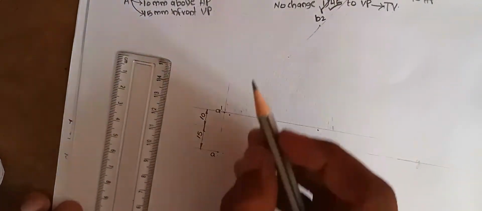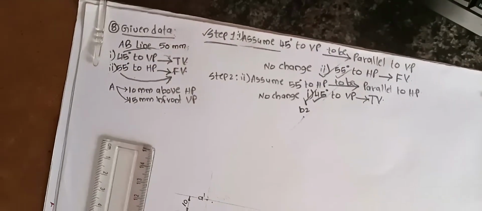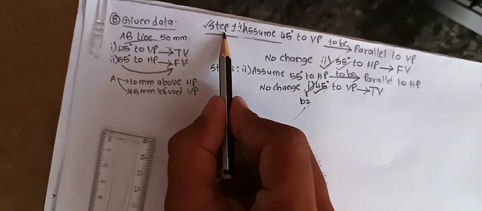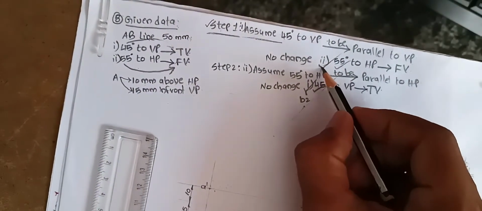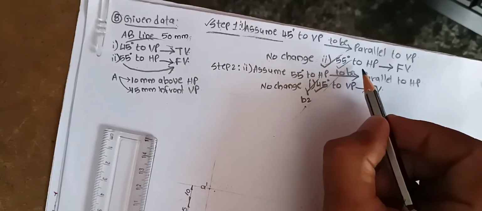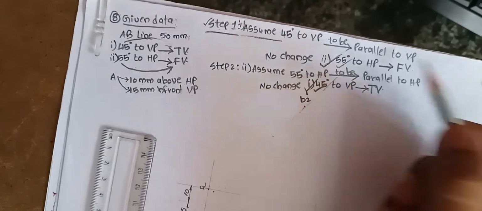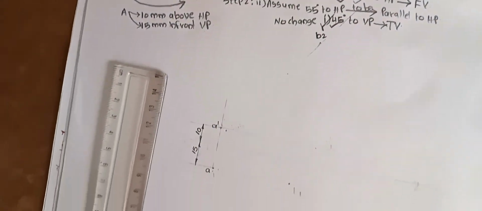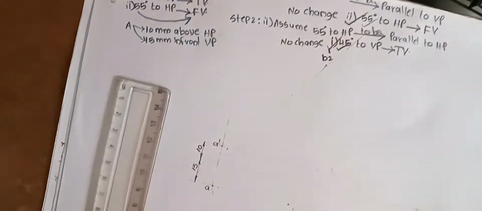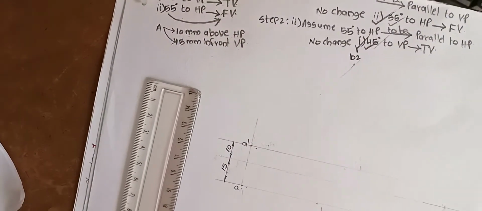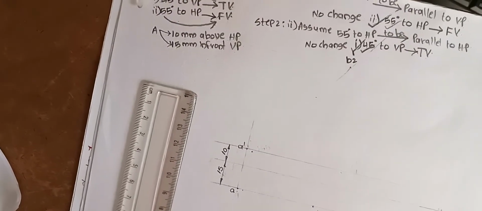Now we are going to consider step 1. In step 1, what we had assumed, students, is that 45 degrees to VP is parallel to VP. That means we can see only one angle, that is 55 degrees to HP, which we can see in front view. So we have to make an angle in front view.